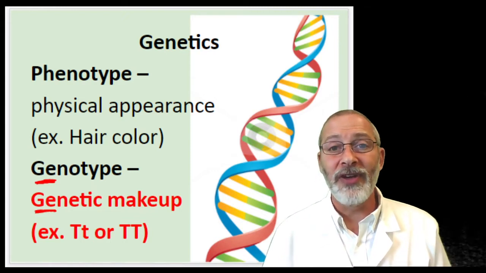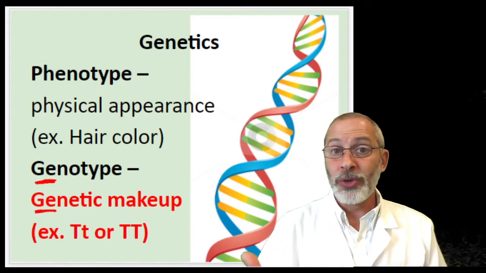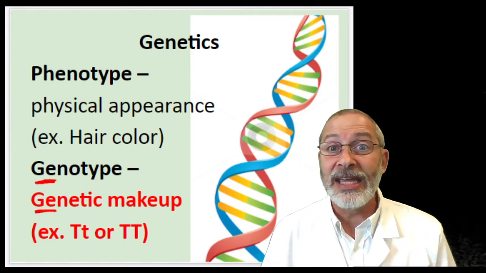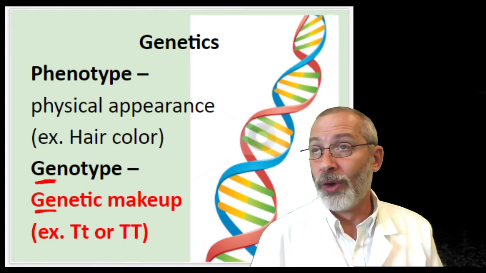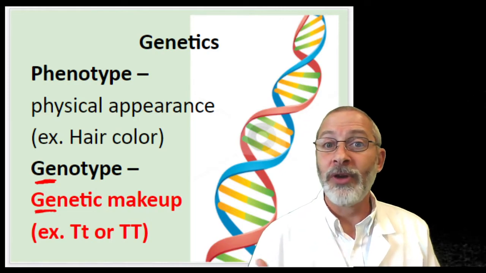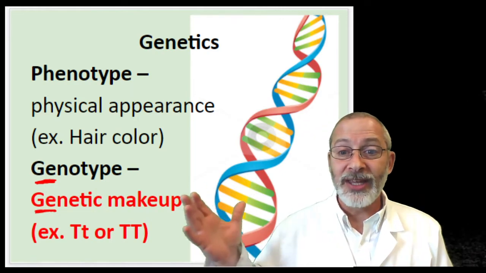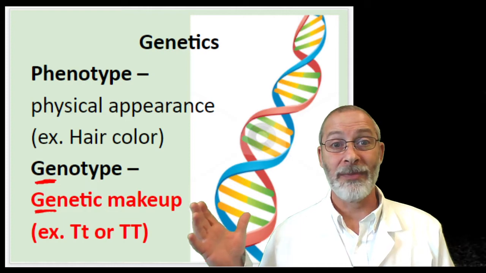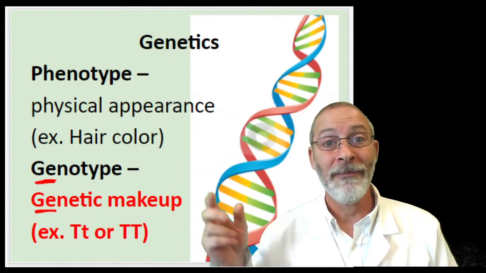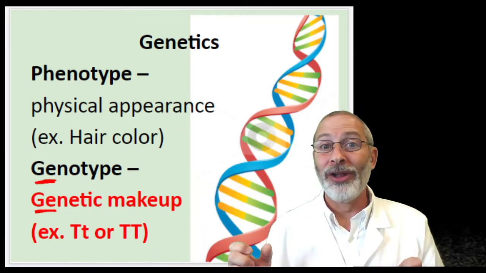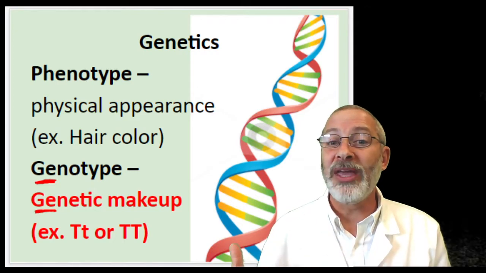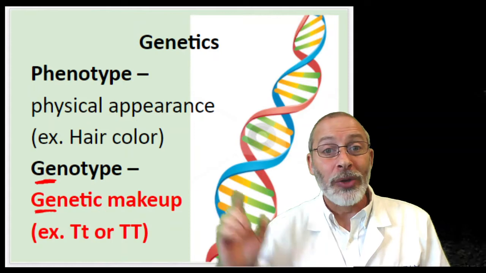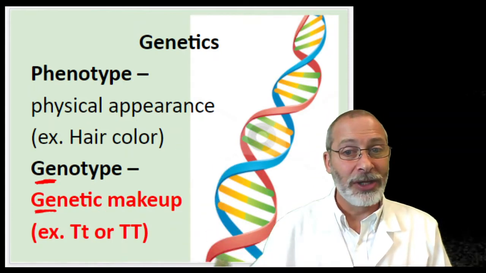In fact, if you've ever participated or know somebody who's ever had their DNA tested in say 23andMe or Ancestry.com, one of these companies, they actually take your genetic makeup, they take your genotype and unravel it all and give you a family history based on your genotype, not necessarily your phenotype.